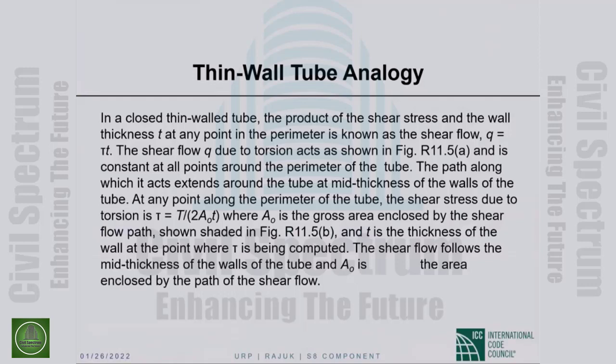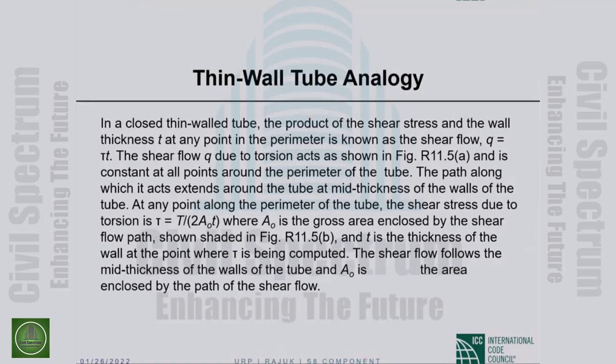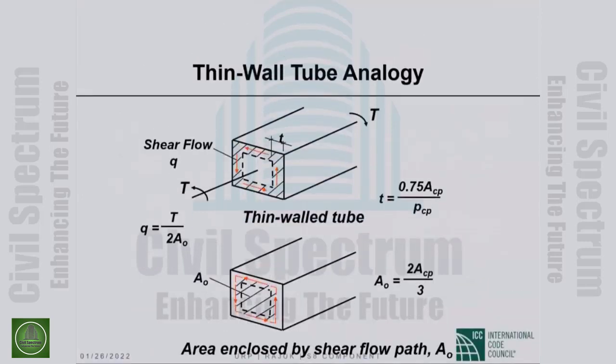And T is the thickness of the wall at the point where tau is being computed. The shear flow follows the mid thickness of the walls of the tube, and A sub 0 is the area enclosed by the path of the shear flow, as has been said before. Okay. So this is a summary pretty much of what I read.